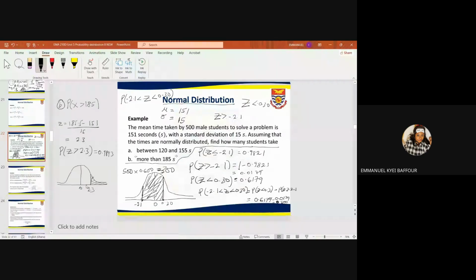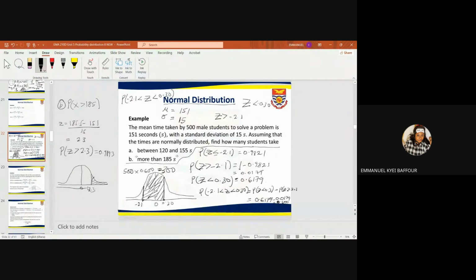But the z of less than is what we have been able to find. So to get the probability of z greater than 2.3, we have 1 minus the probability of it being less than, so 0.9893. And what are you getting?